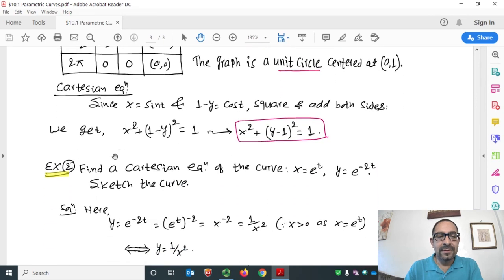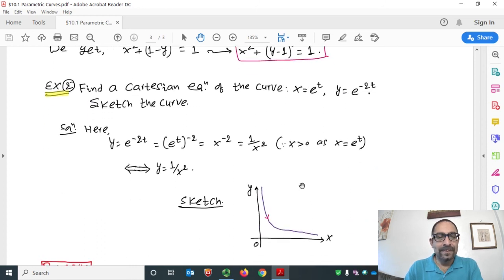So then the left side is x squared plus (1 minus y) squared equals, on my right side, sine squared t plus cosine squared t. This is simply 1. That means now we have the Cartesian equation of the circle: x squared plus (y minus 1) squared equals 1. Great.